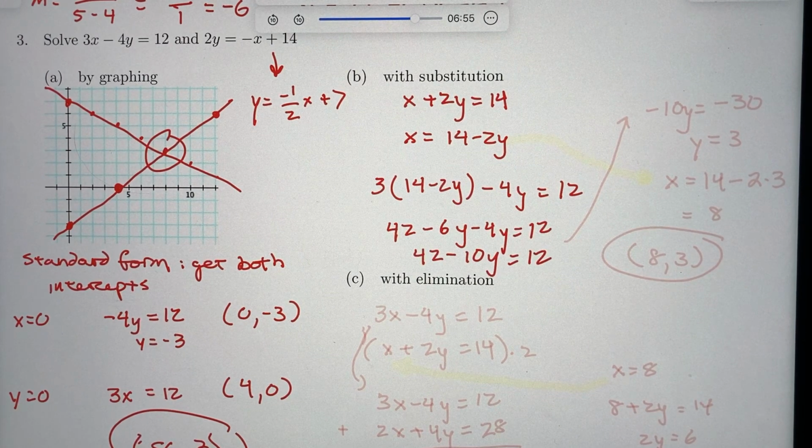I'm going to subtract 42 from both sides. Negative 10y is negative 30. 12 minus 42 is negative 30. We know from the substitution equation that x is 14 minus 2 of those. So 14 minus 6 is 8.